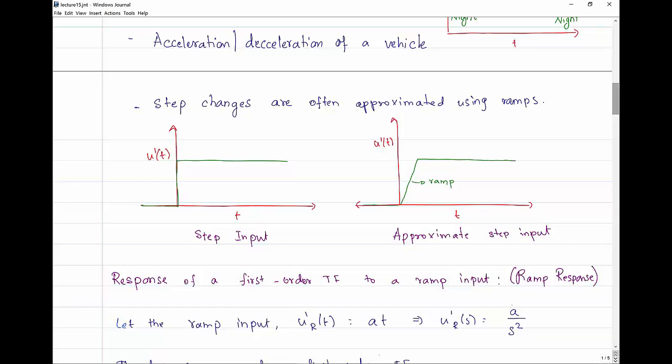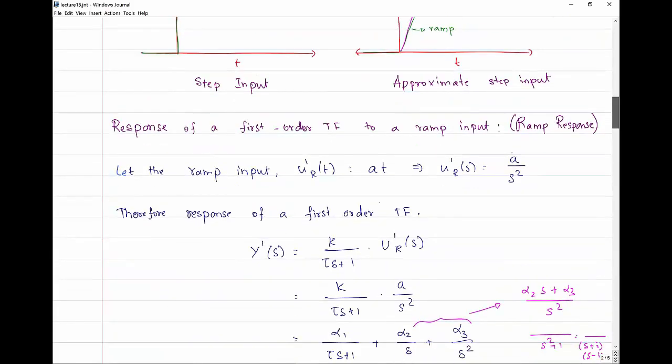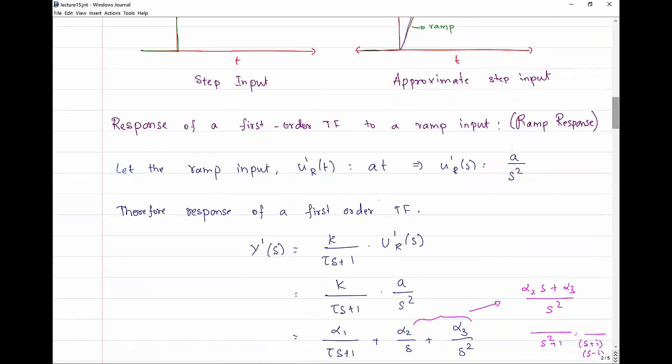So instead of making step changes, we often approximate them using a combination of a step change and a ramp. That's another instance where a ramp function could potentially be used, and therefore it's important to understand how a first-order transfer function responds to a ramp input.